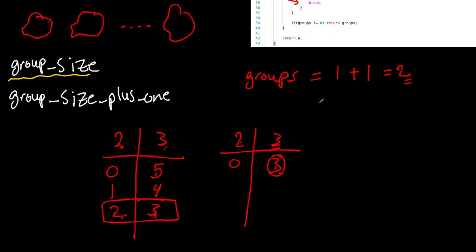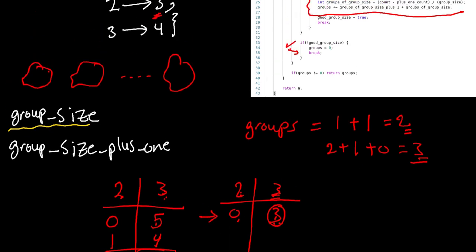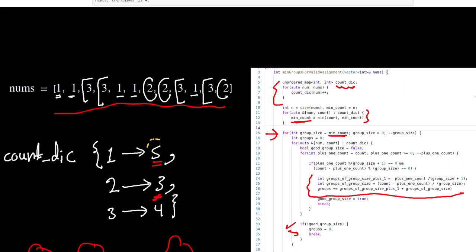So 2 now plus 3 divided by 3, which is 1, so we have 2 plus 1, plus 0 divided by 2 is 0, and this equals 3 groups until now. So we could find a combination that works with count equal 3.